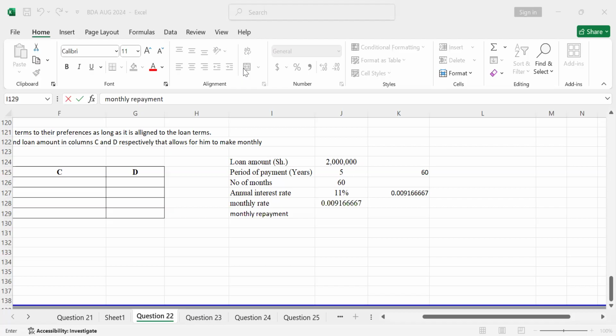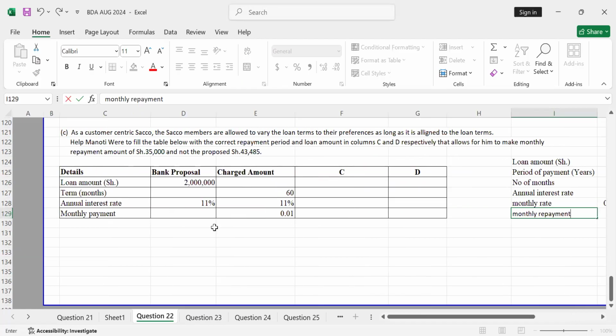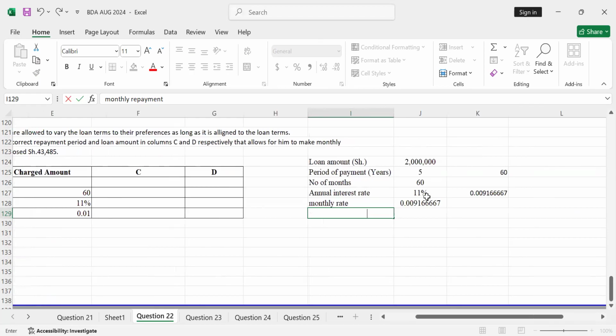If he pays, for example, for this 11%, we want to know the amount that he'll be able to pay in terms of months and also in terms of interest. If he pays 35,000, is what I want to look for each and every one. If instead of paying this 3,485, we pay 35,000, how much will he be able to pay for that particular loan is what we want to advise.